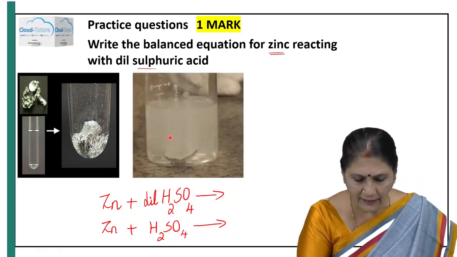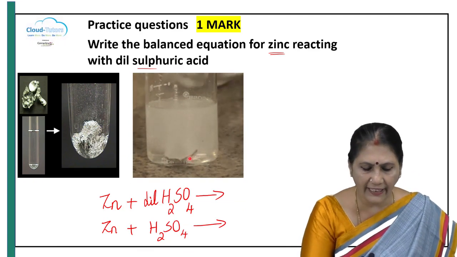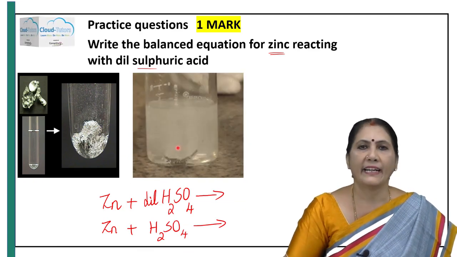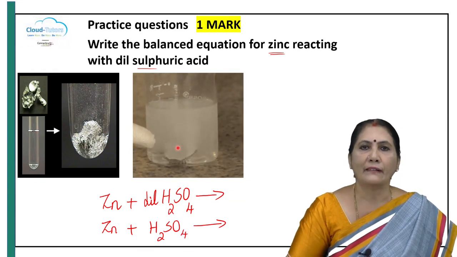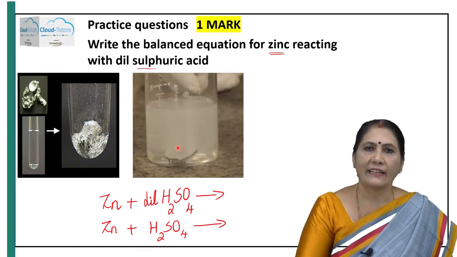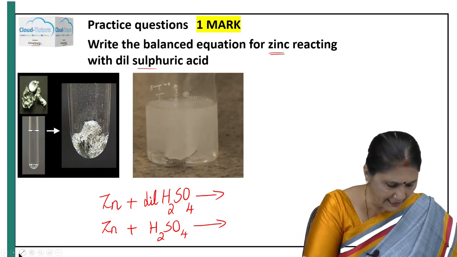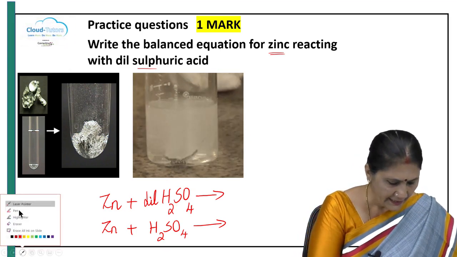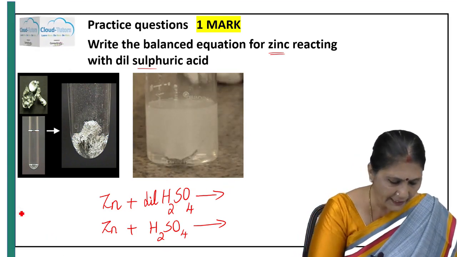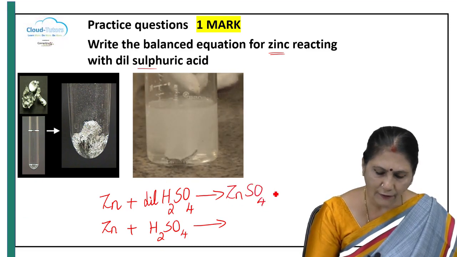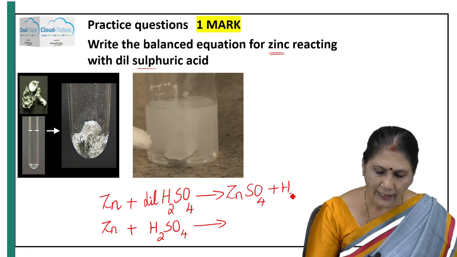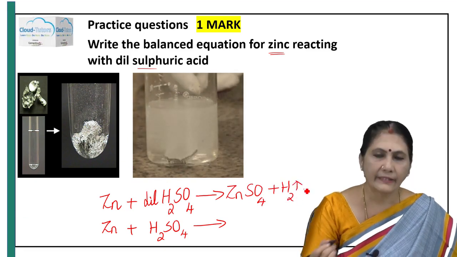You can see the brisk effervescence of hydrogen gas being liberated. That means the products formed from zinc reacting with dilute sulfuric acid are zinc sulfate, the salt formed, along with hydrogen gas that is liberated.